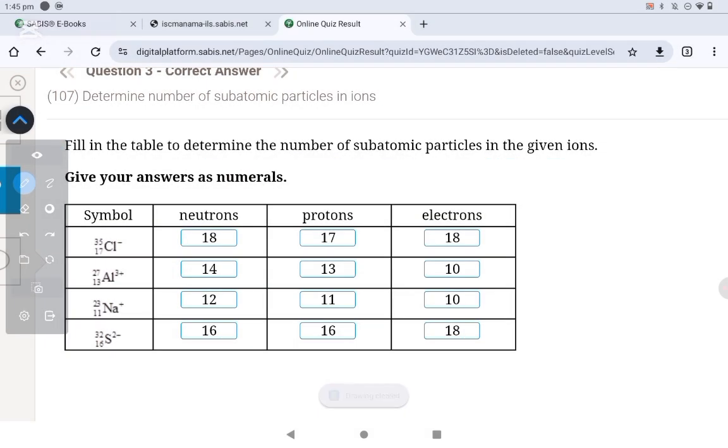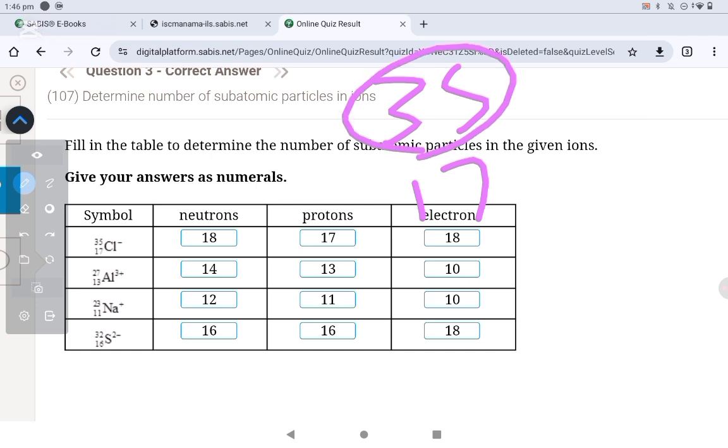Symbol. Okay. So first we have chlorine and chlorine minus. So we have 35 and we have 17. 35 is the mass number and 17 is the atomic number. Protons will be 17. Whatever is the atomic number is always the protons. And to find neutrons, we do 35 minus 17, so we get 18.